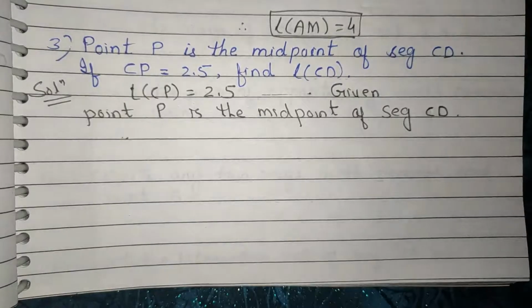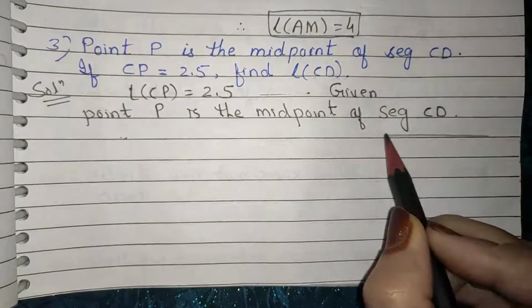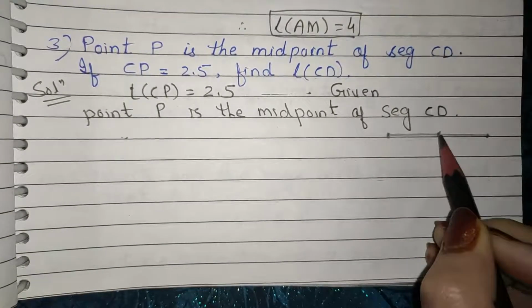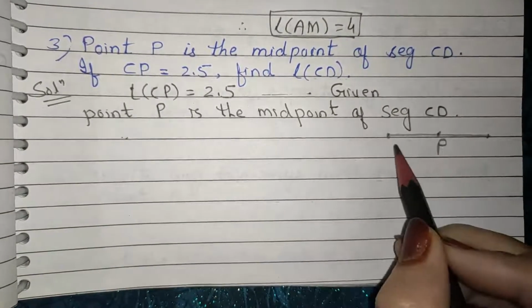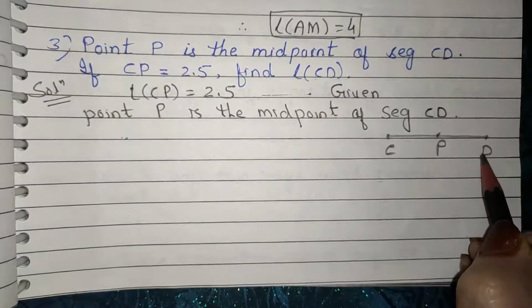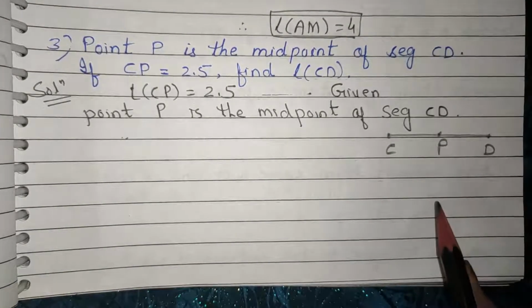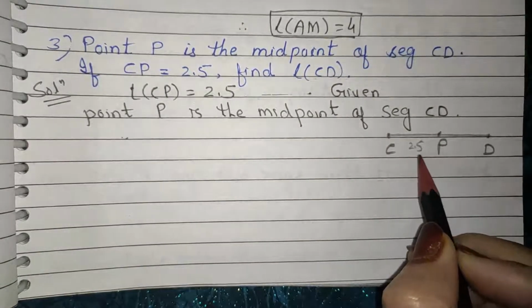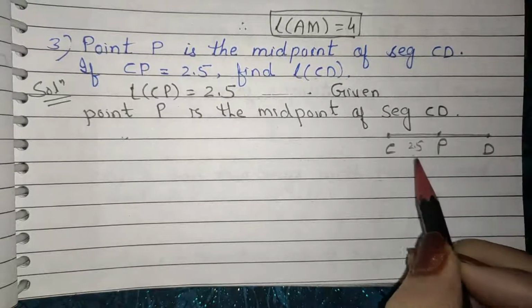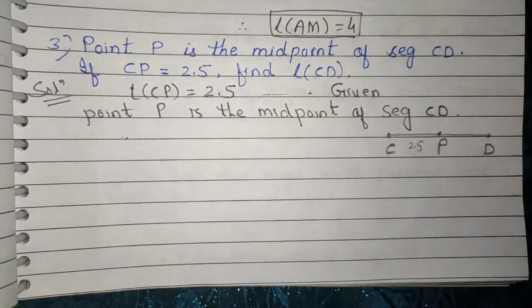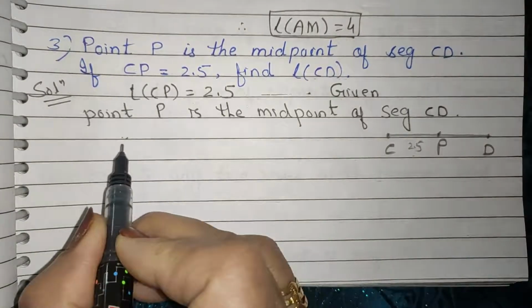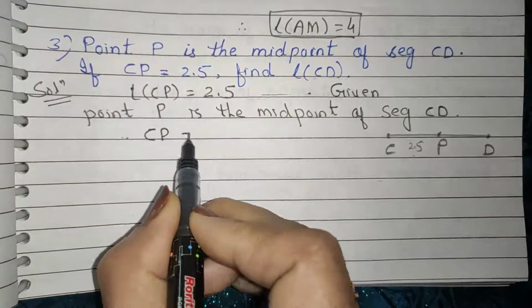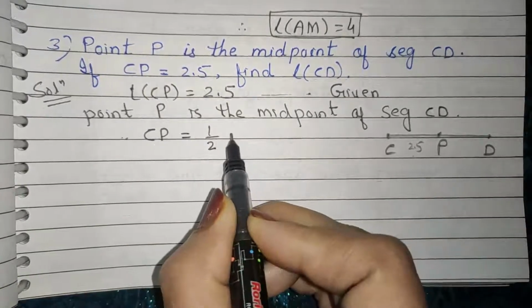Now look here. If we draw a rough diagram, point P is the midpoint of segment CD. Okay. And CP is equal to 2.5. It is the value of CP, 2.5. Our aim is to find the value of CD. Therefore, CP is equal to half of CD.